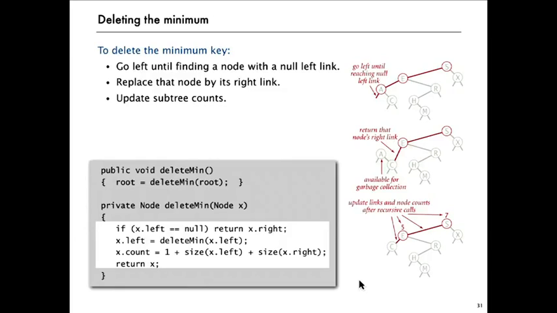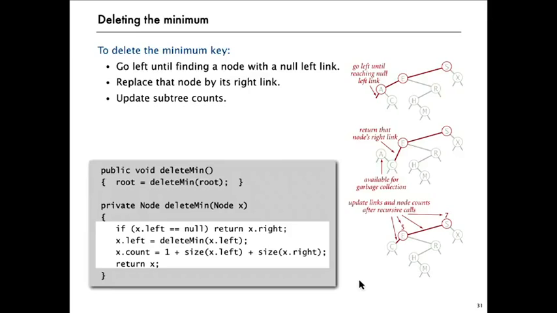So this code implements delete min. Not too bad at all. If x.left equals null, return x.right. Otherwise, x.left equals deleteMin(x.left). And then when you're done with that, you fix the count.